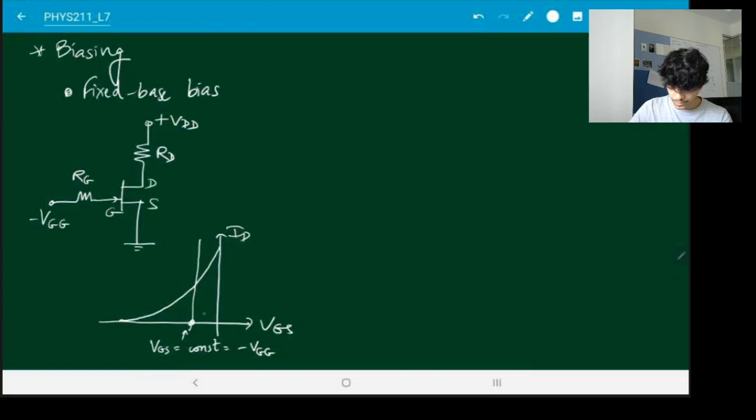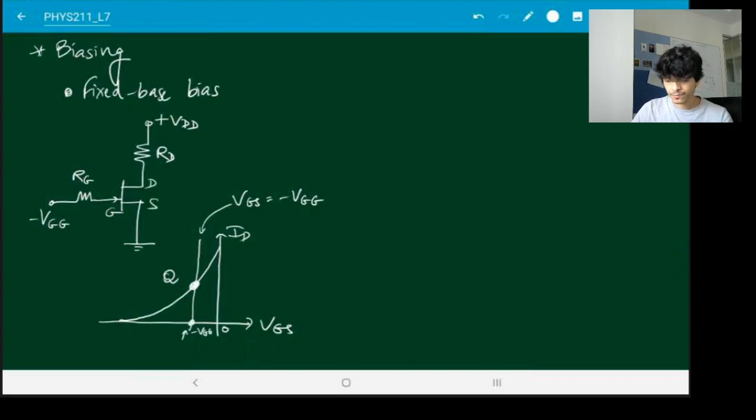So this point over here is minus VGG. So the intersection of this VGS equal to constant line and the transconductance curve, the intersection of these two is the Q point for our circuit.